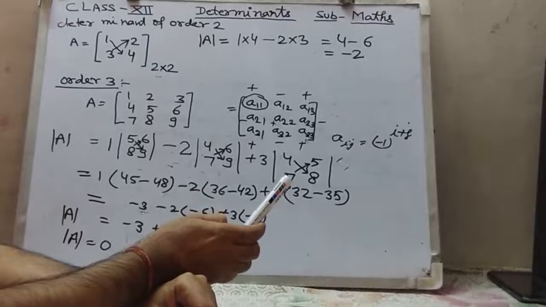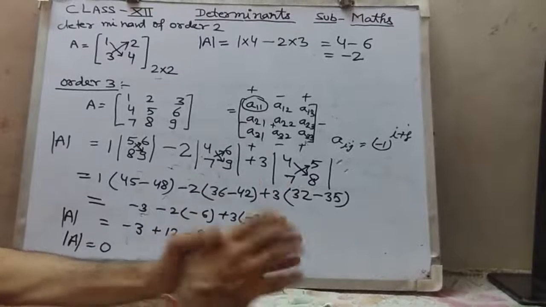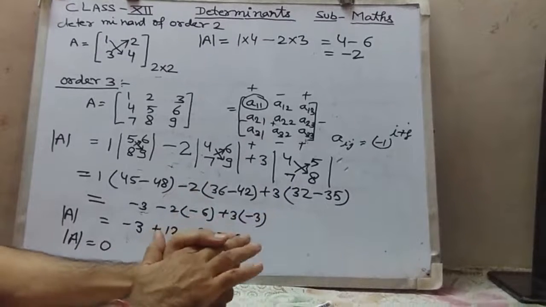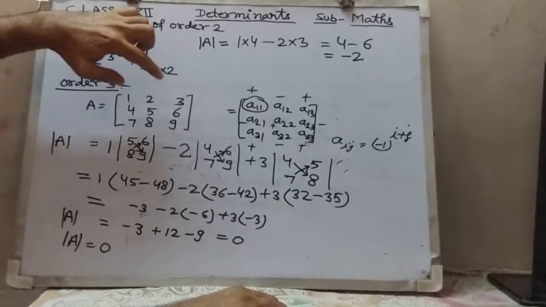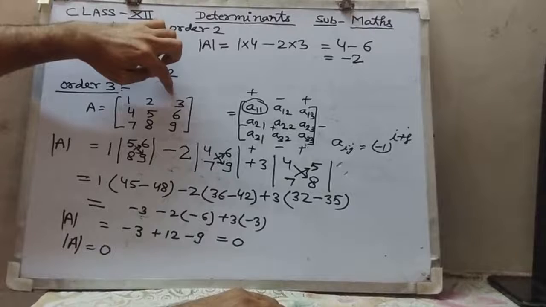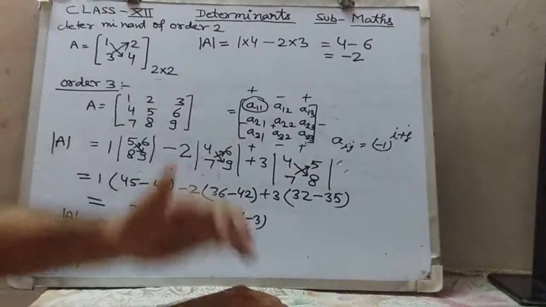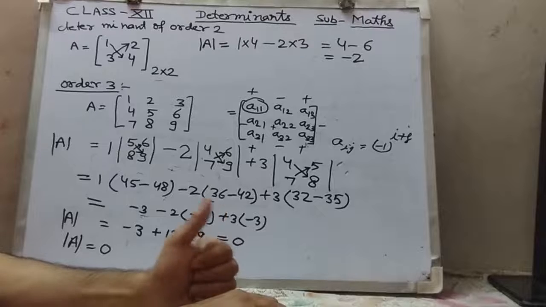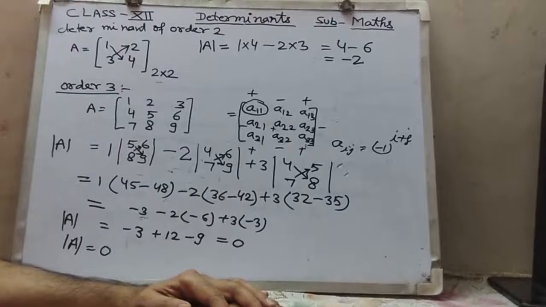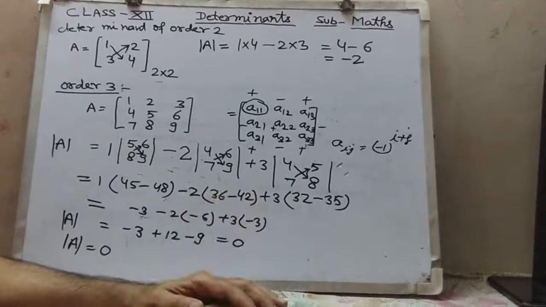So we have to take care when we are going to expand the square matrix for finding its determinant. We must expand along that row or that column in which some zeros are existing.